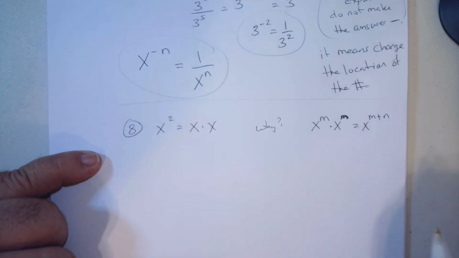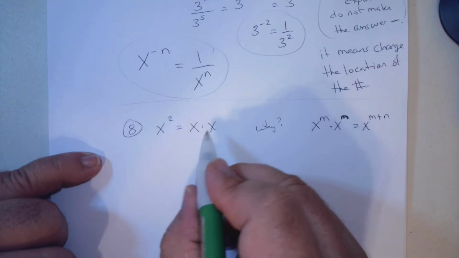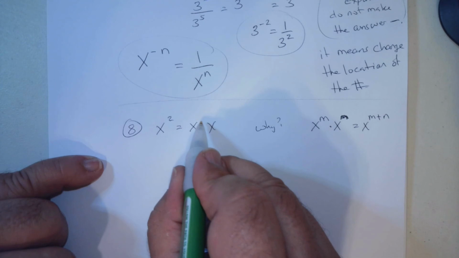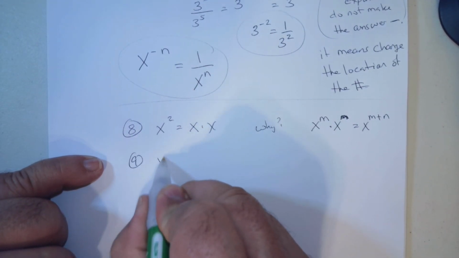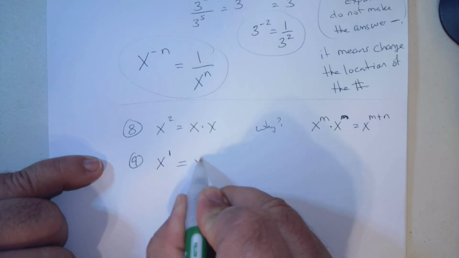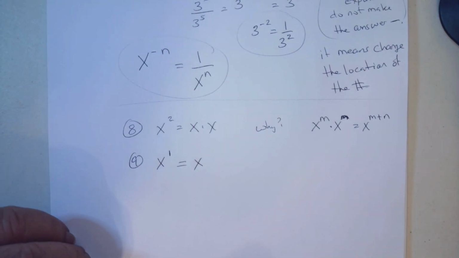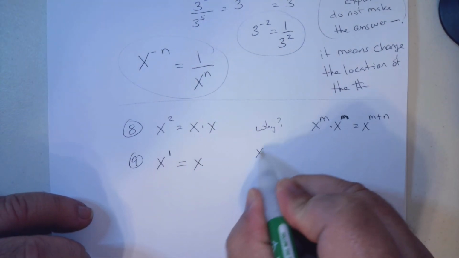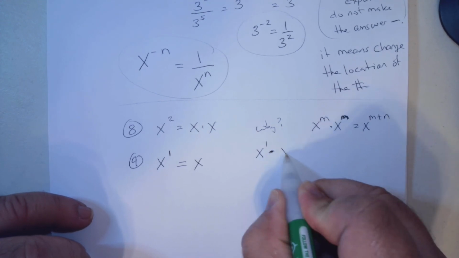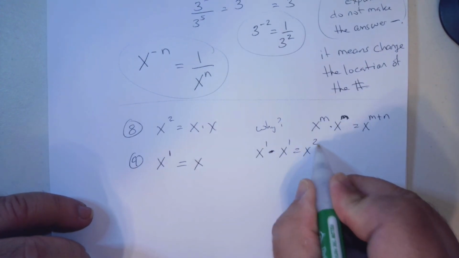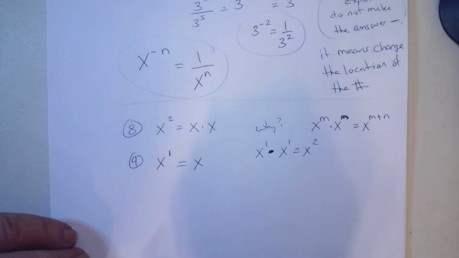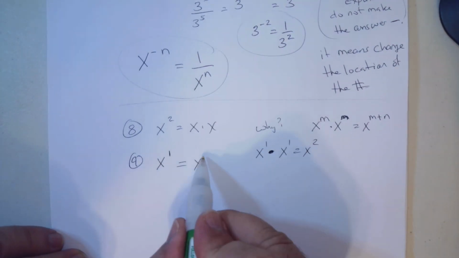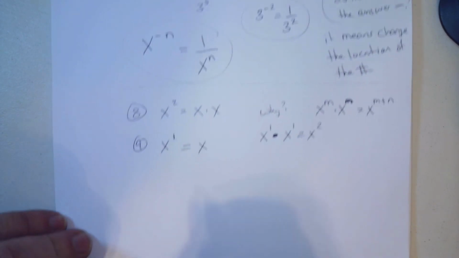You add them. But how can this be? These don't have anything up there. X to the first power is just x. So x to the first times x to the first is x squared. Because of that, if there's nothing there, it's automatically a 1.